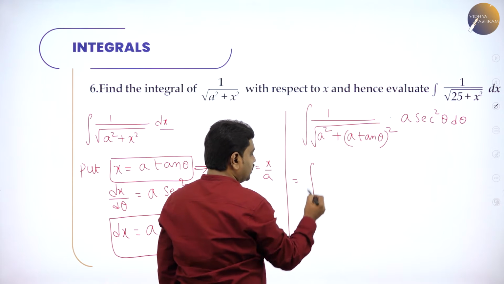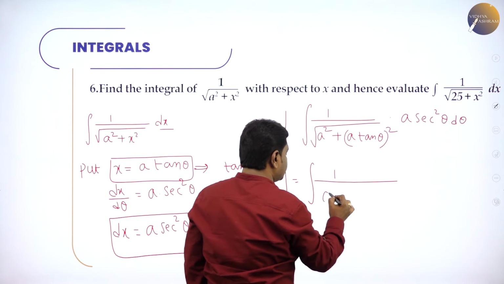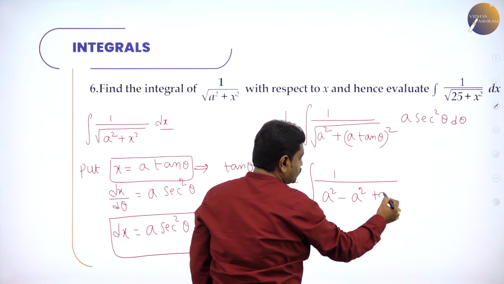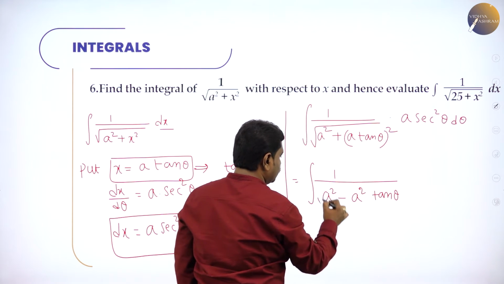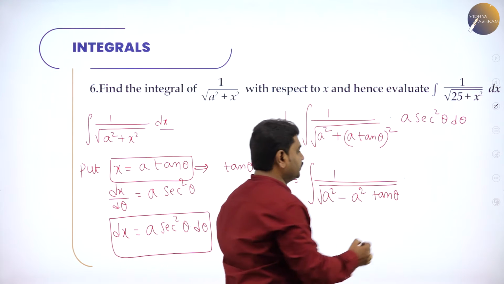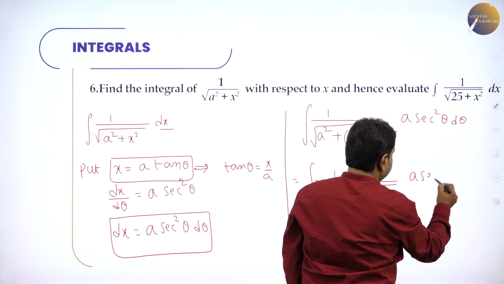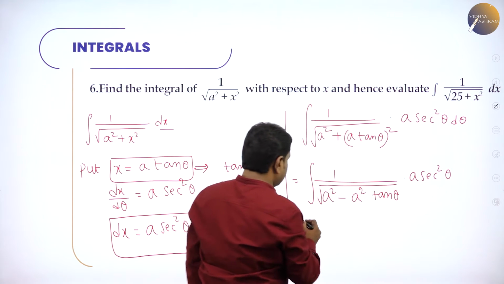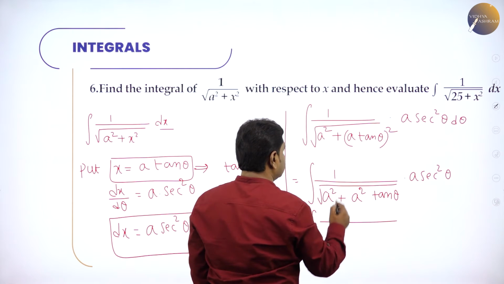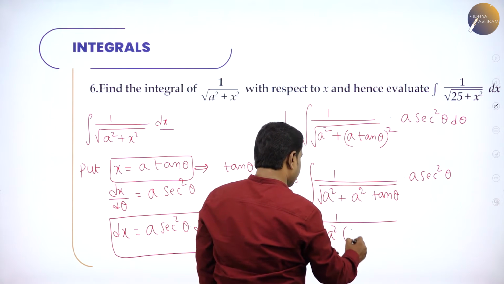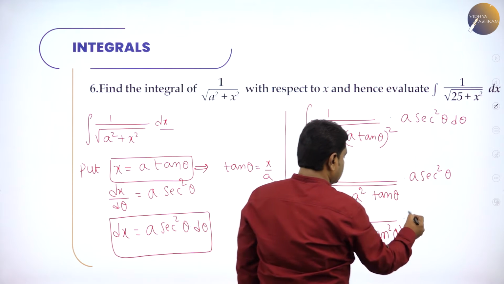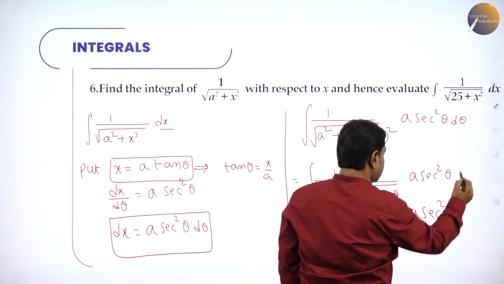Now that is integral of 1 divided by root of a square plus, taking the square inside, a square tan square theta, and the numerator, what is the numerator? A secant square theta. Further, in the denominator you can take a square common, so it will become a square into 1 plus tan square theta, and this is a secant square theta d theta.